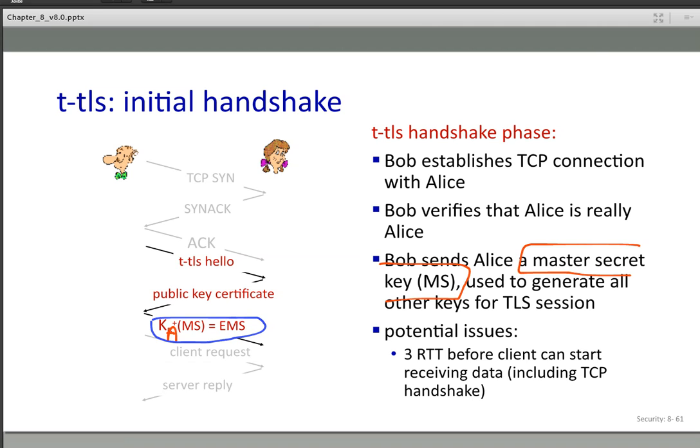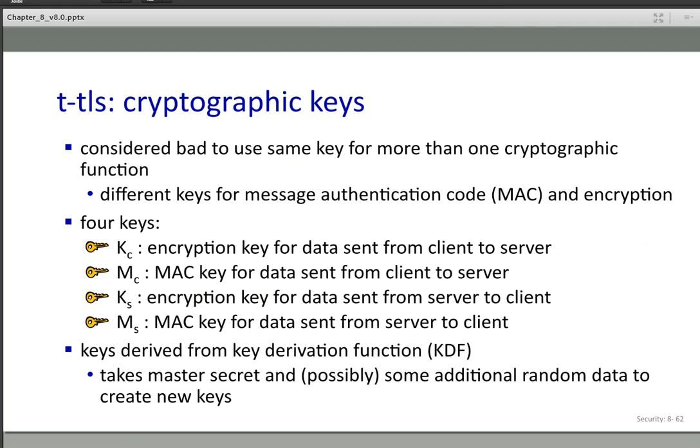And so we can show that the rest of the communication can be secure, because both sides, Bob and Alice, can create similar keys, and then they can send their information using those keys.